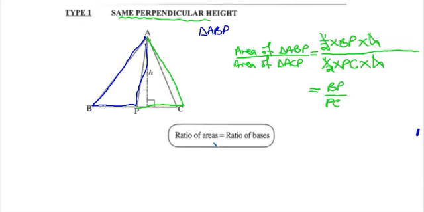So the ratios of the areas is equal to the ratios of the bases. The base for the first triangle is BP, the base for the second triangle is PC. So the ratios for the areas is equal to the ratios of the bases there.